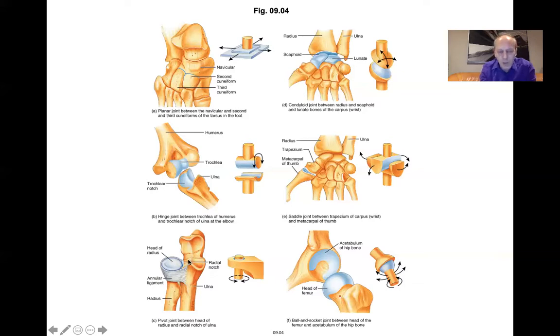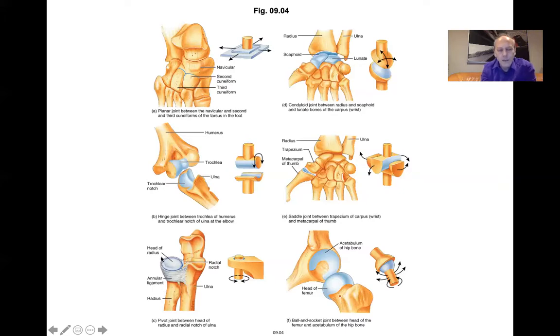Of course, the ulna together with this annular ligament is going to become this block through which we drill the hole. And it is the head of the radius, which is looking like a perfect cylinder, that is inserted into this opening between the bone and the ligament.